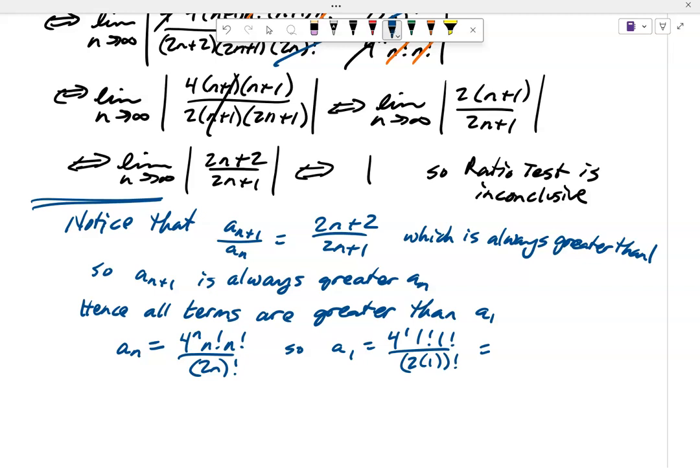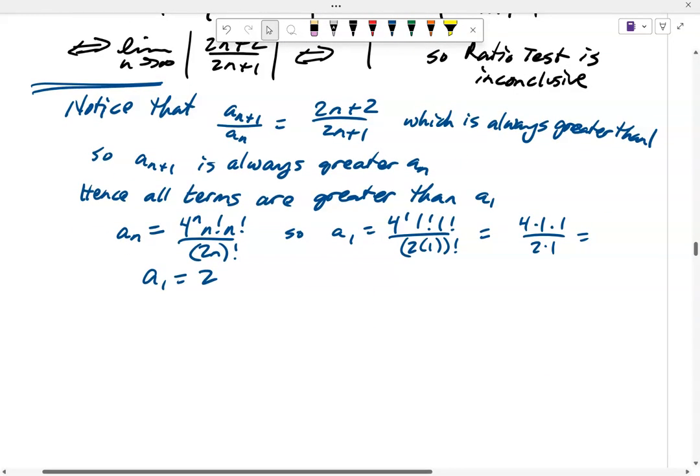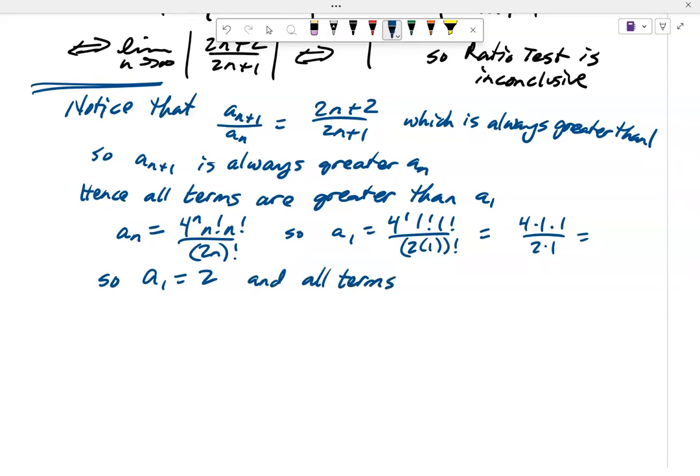So we got 4 times 1 over 2 factorial, which is 2 times 1. And so this is 2. So a1 is 2. The first term is 2, and all terms are greater than 2 afterwards.